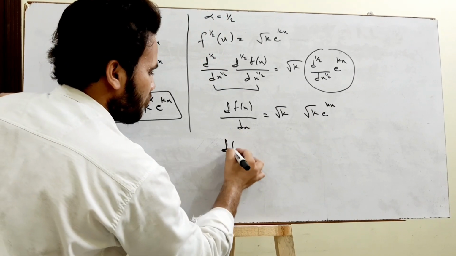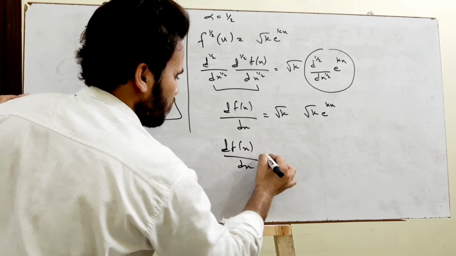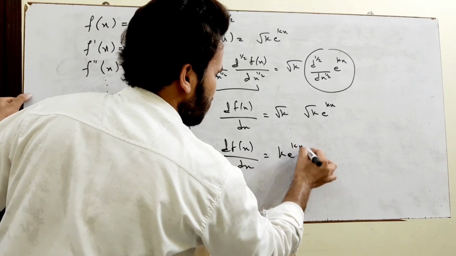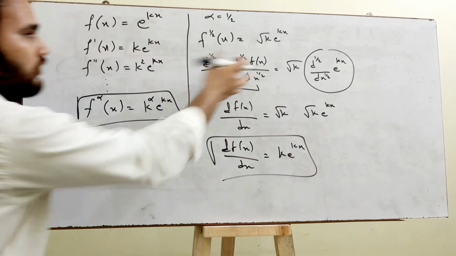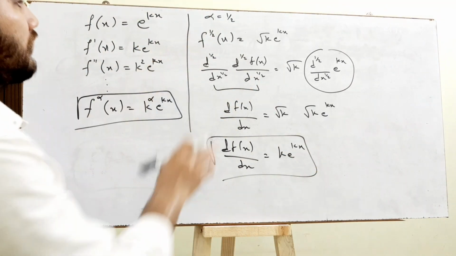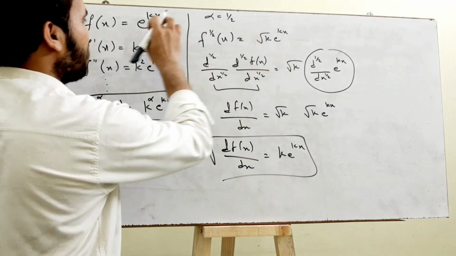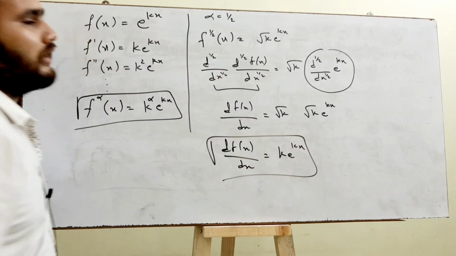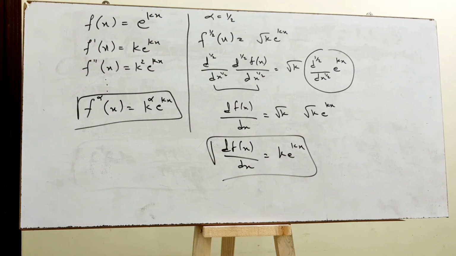So this is k e^(kx). So you can see that this is true. This is the half derivative of this function, and this satisfies the ordinary derivative of this function.